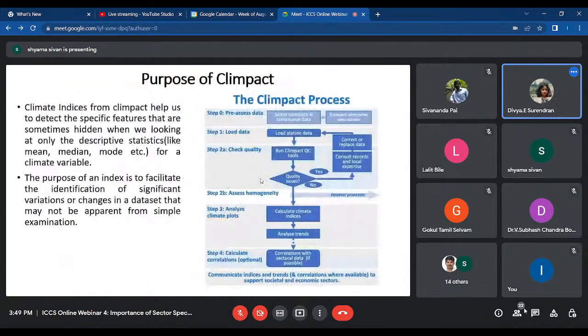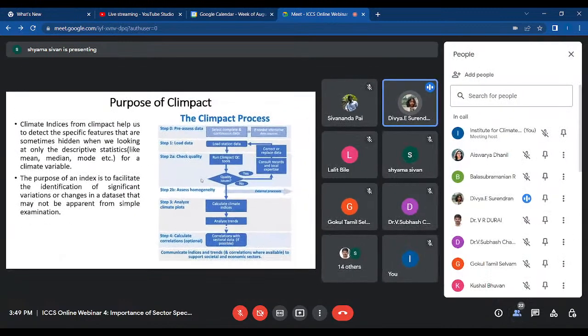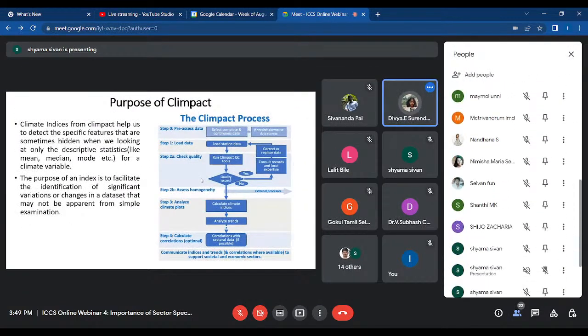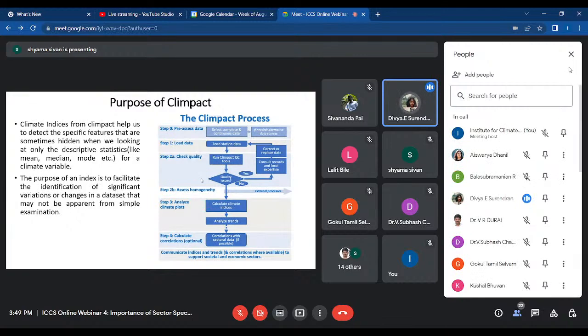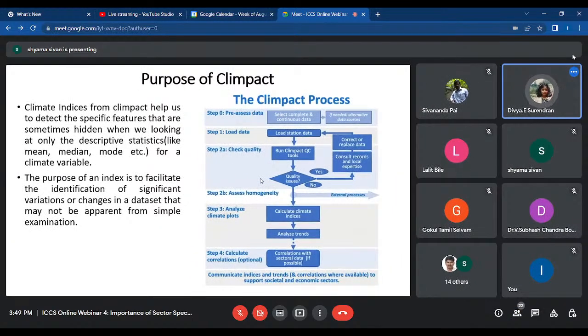The software is online based, and you can use it offline also. There are basically two components of the software. One is the quality control. It will check how continuous the data is, whether there is any erroneous data or any outlier.